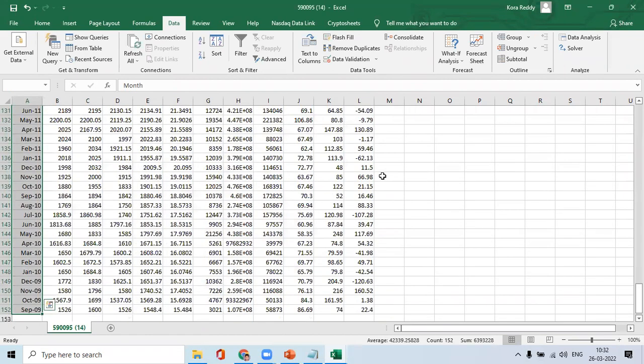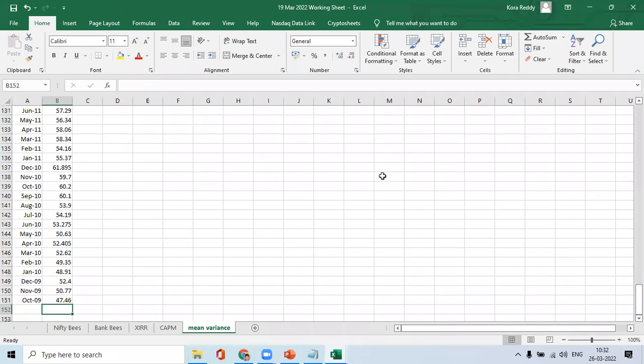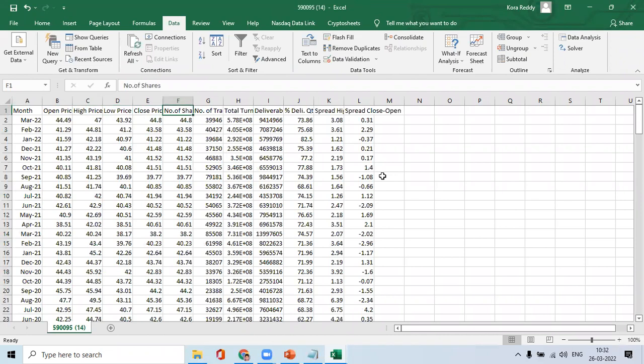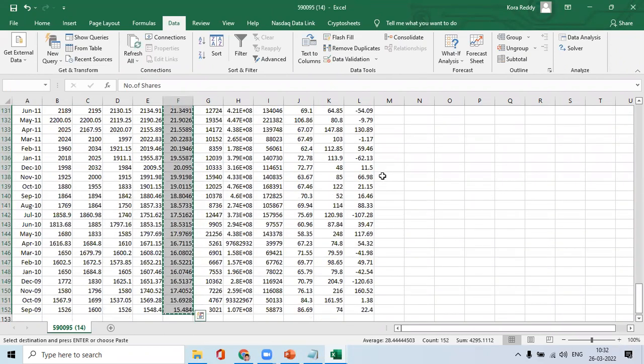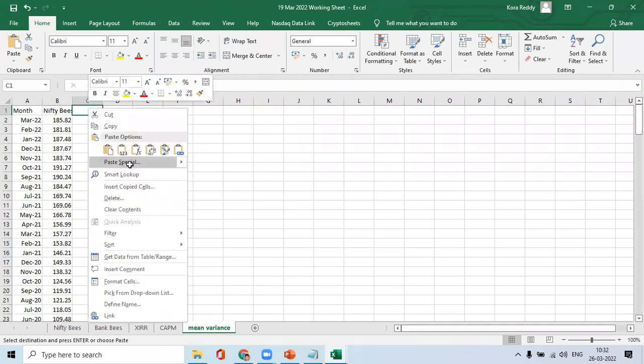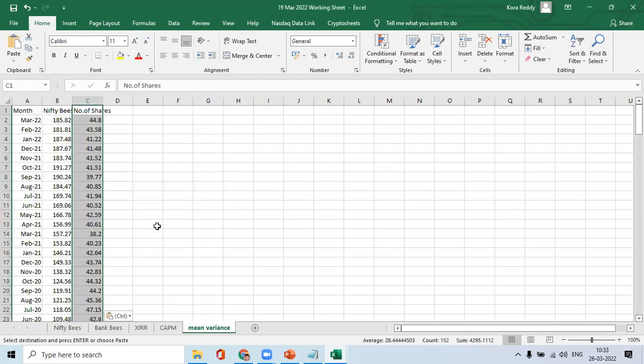So we have data only up to September 9 here, whereas this is October 9. Yeah. And this is my gold price. So I have to copy by values, because there's a formula involved there.